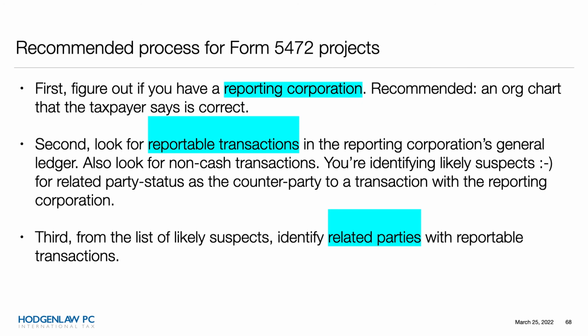Usually it's going to be pretty easy when you look at transactions, say, well, this one looks funny because it's not like a payment to T-Mobile or to the utility company or something like that, where it's obviously a third party. And you're going to then take those likely suspect types of transactions, and then you're going to figure out if the counterparty is a related party or not. That's the method I use.